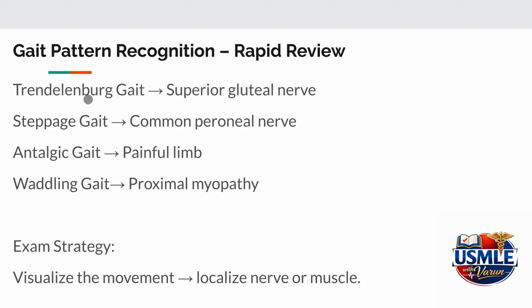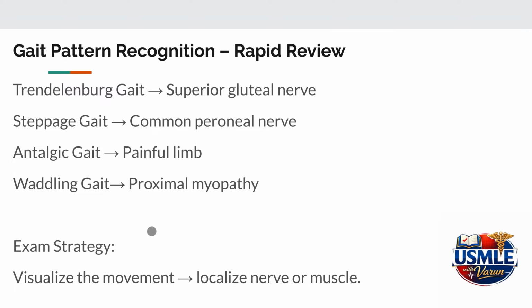Different gait abnormalities help identify underlying neuromuscular problems. Trendelenburg gait indicates superior gluteal nerve injury. Steppage gait indicates common peroneal nerve injury. Antalgic gait occurs when patients avoid putting weight on a painful limb, whereas waddling gait is seen in patients who have been suffering with proximal myopathy.